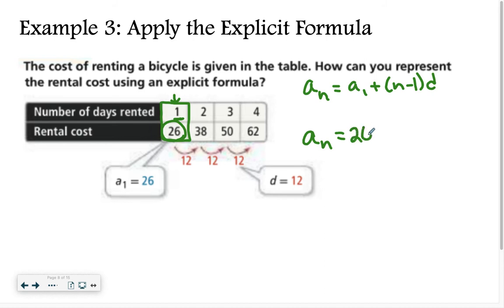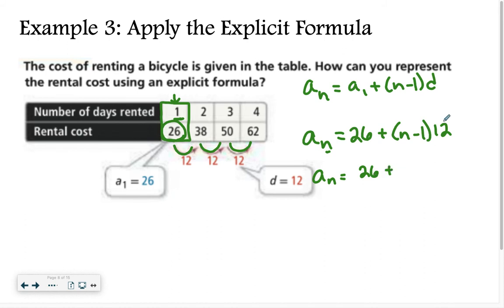So a subscript 1 equals 26 plus, and then we're going to leave n minus 1 like it is, because we're just talking in terms of n. And then my d term: to go from 26 to 38, I add 12, 38 to 50, add 12, 50 to 62, add 12. My common difference is 12.